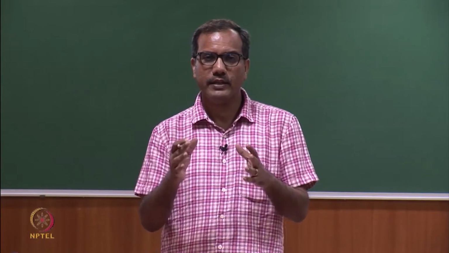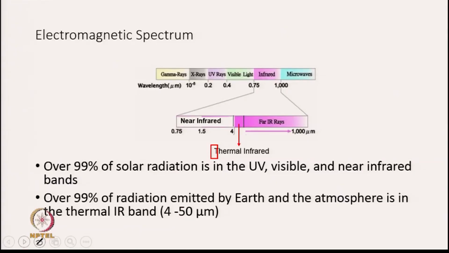Infrared comes between 0.75 and 1000 micrometers, and you have three regions in infrared: near infrared, thermal infrared, and far infrared. 90% of solar radiation is in the UV-visible and near infrared range, but 90% of the radiation emitted by Earth and the atmosphere is in the thermal IR band, between 4 and 50 micrometers.